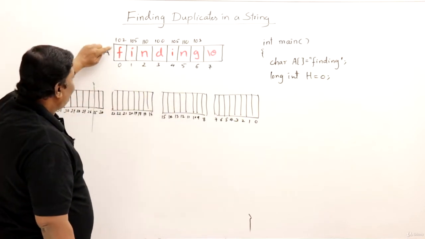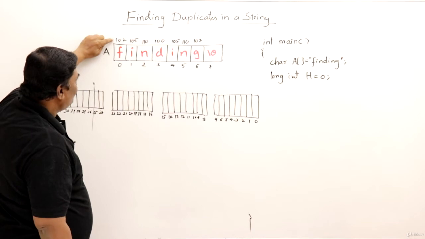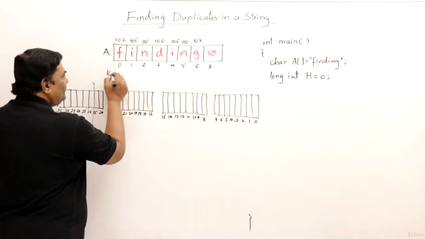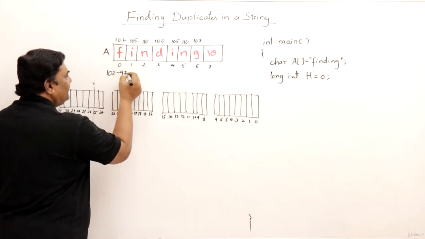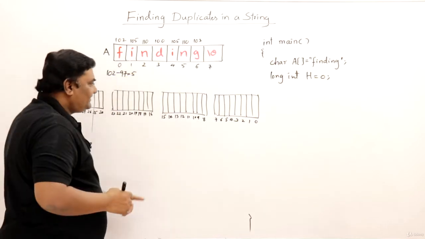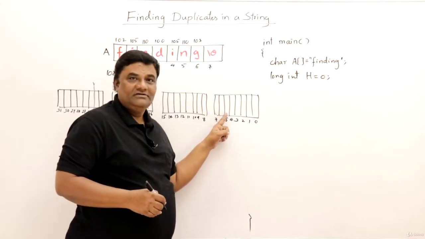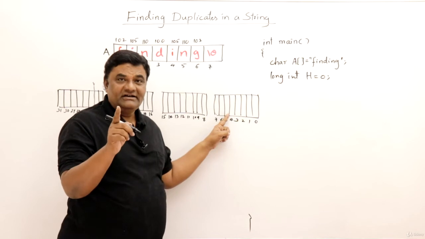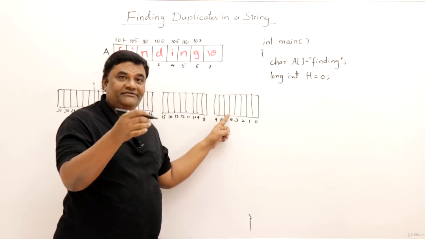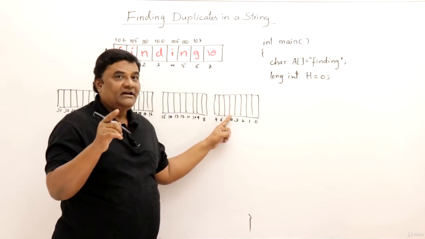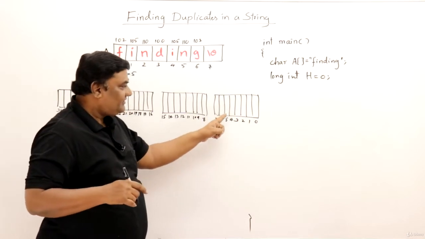The ASCII code of f is 102, right? So from 102 we subtract 97 and we get 5. So we'll set this 5th bit on, right? You remember in hashing we did the same thing. At the 5th index we were incrementing it, but now we will set this 5th bit on.